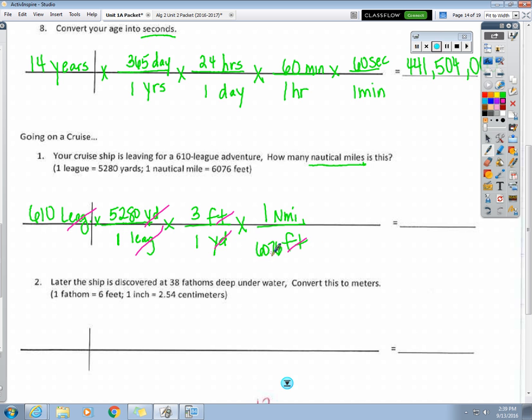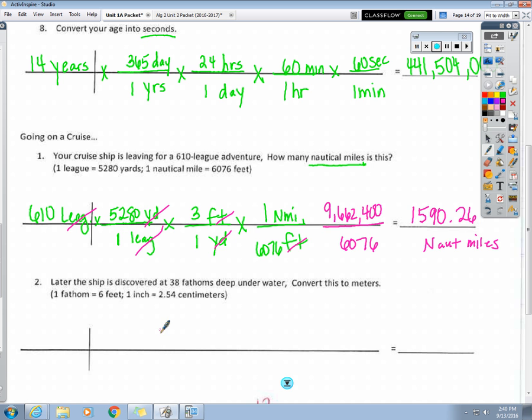I do need to worry about the denominator this time because it's 6,076, and then the numerator is 610 times 5,280 times 3 times 1, which is about 1,590,000 if you're going to round it to the hundreds. And that's nautical miles.